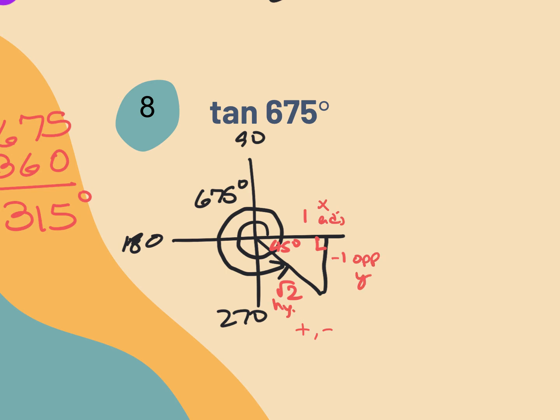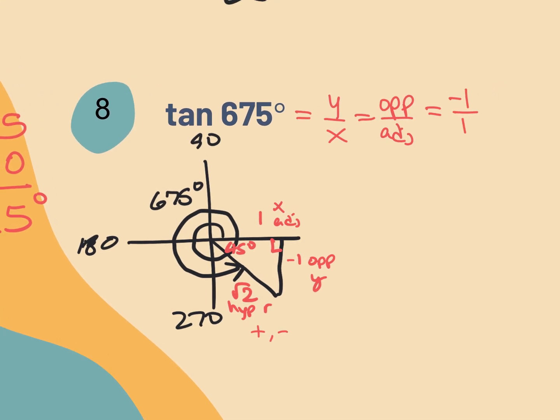This is hypotenuse, and it's the r. Tangent, you memorize as y over x or opposite over adjacent. Once you fill it in, opposite was -1, adjacent was 1. This simplifies to -1. So the tangent of 675 is -1.